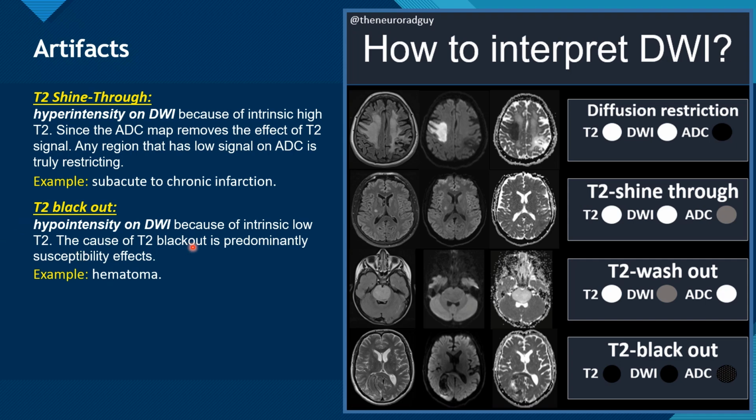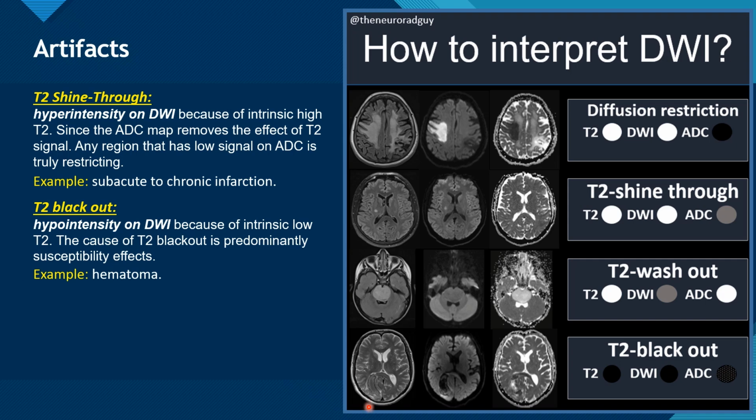The cause of T2 blackout is predominantly susceptibility weighted effects, and susceptibility weighted effects occur due to the paramagnetic effect of hemoglobin and its components, and this occurs in any hematoma. So when we are imaging a hematoma, diffusion weighted imaging has limited value due to the presence of T2 blackout.